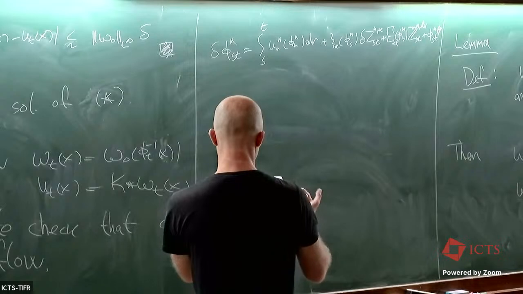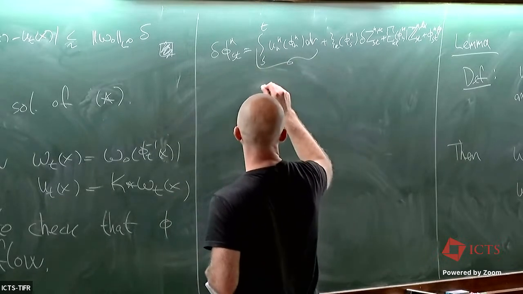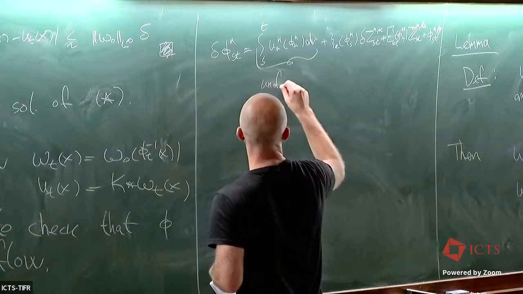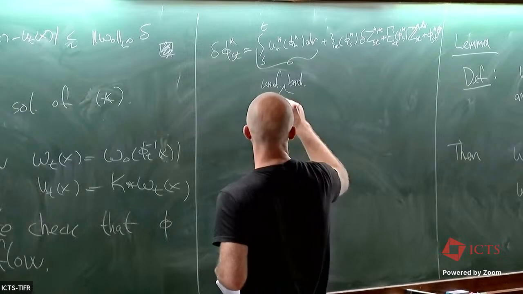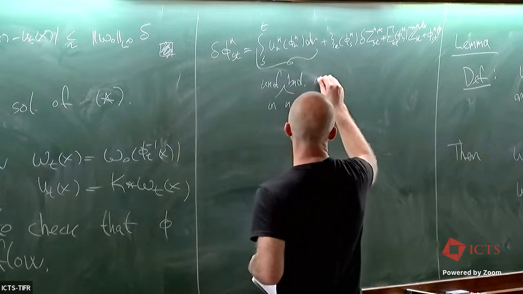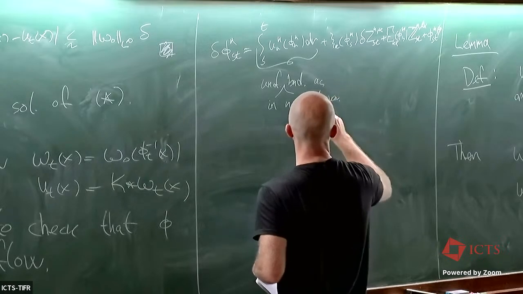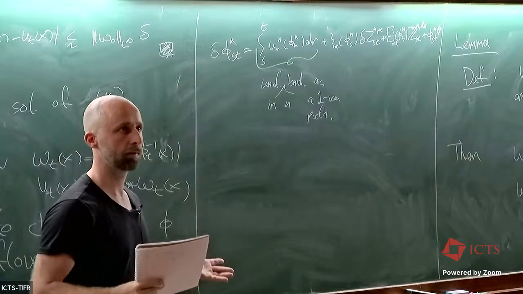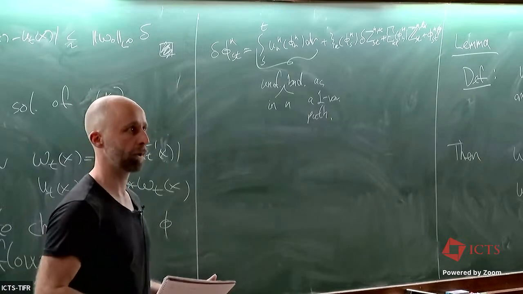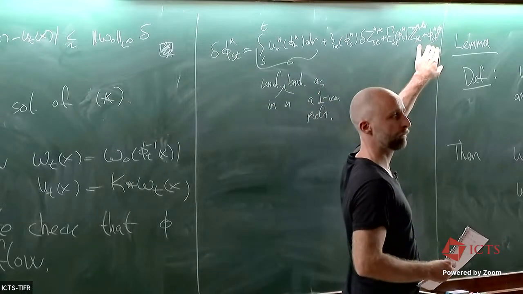Now what do we see? That this is uniformly bounded, uniformly in n, as a one variation path. Right? And then we know from the a priori estimates that we can bound the remainder.